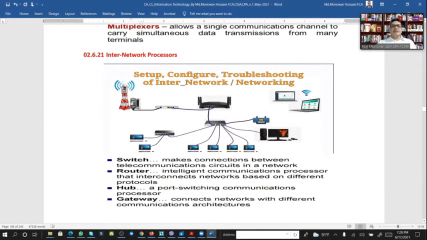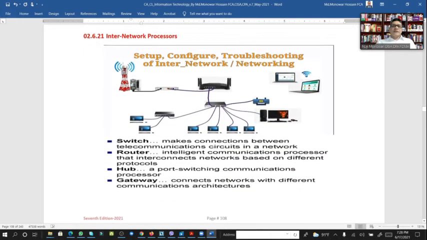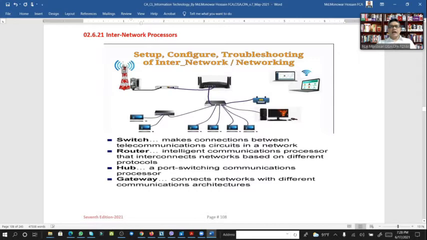Here, if we see internetwork processors, we have switch, router, hub, and gateway. That means we can set up, configure, and troubleshoot networking this way. Using the switch, router, hub, and gateway, we connect networks with different communication architectures. A switch makes connections between telecommunication circuits in a network.